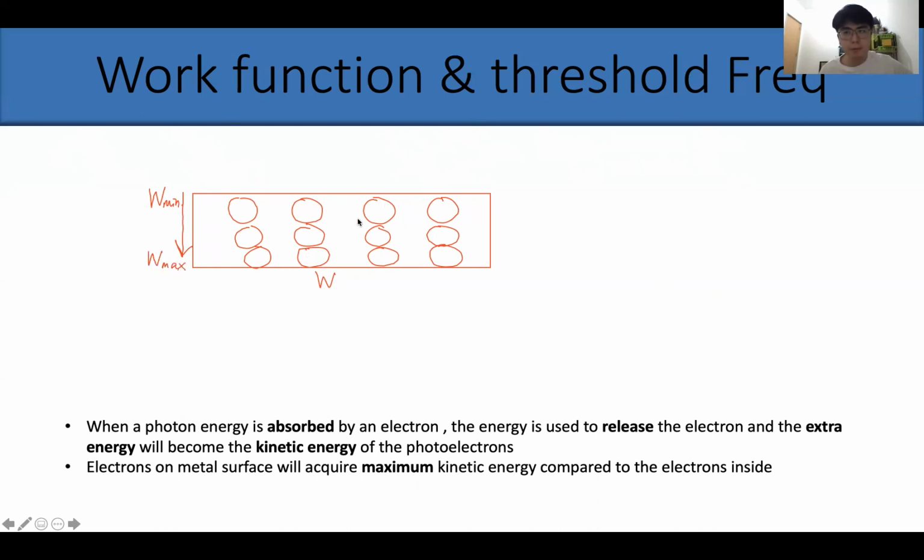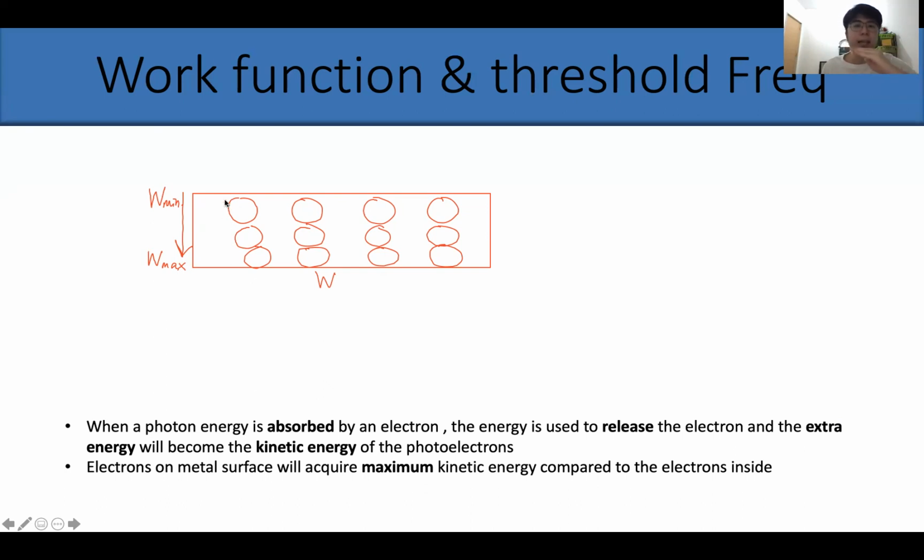Different type of metal has different work function, correct? And for the same type of metal, if you go down the layer, the work function also will change. It's never the same for each layer.